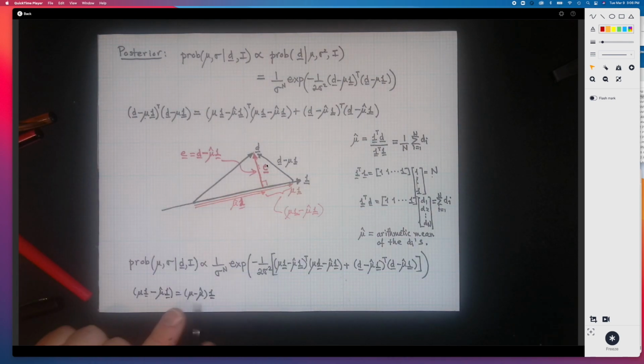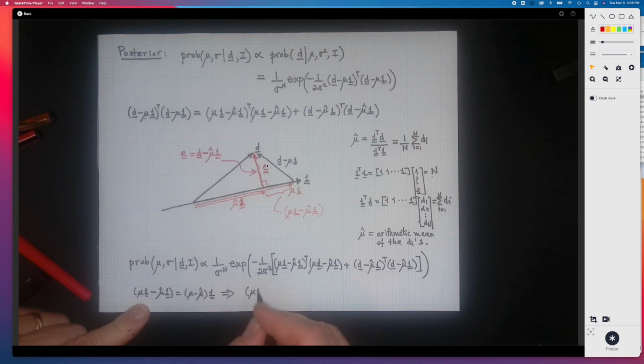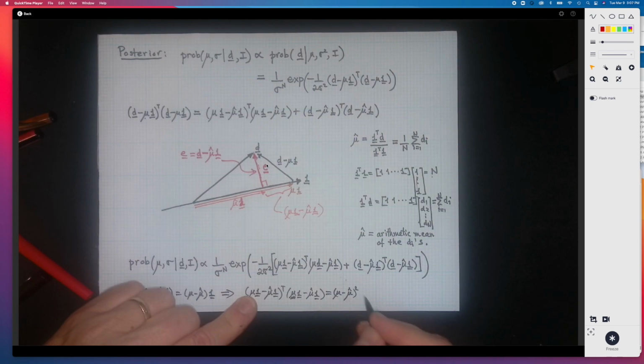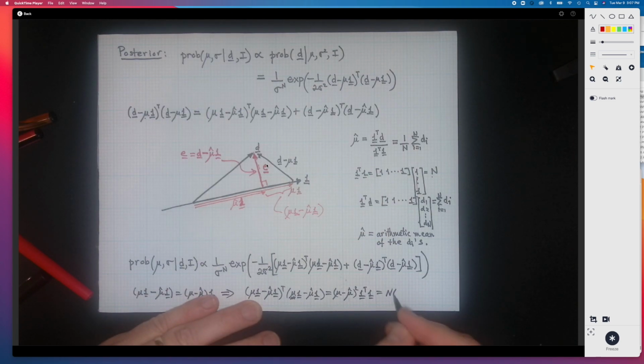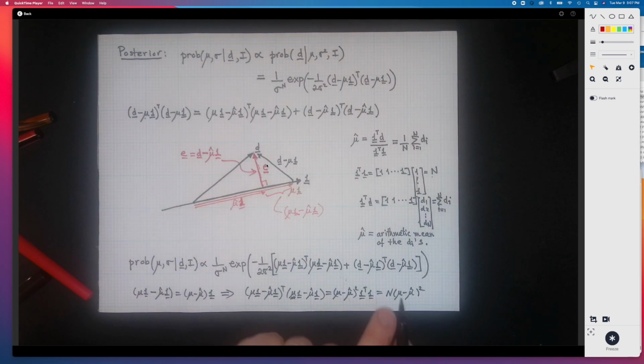I can factor out the column vector of 1s, and so this quantity is equal to mu minus mu hat squared times n. Remember, 1 transpose 1 is just n, like we worked out over here.